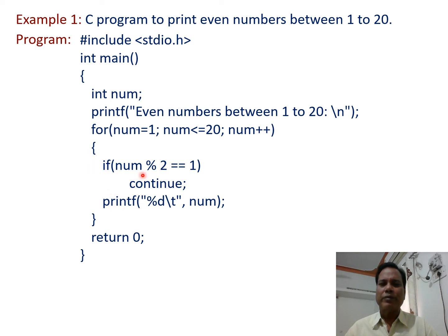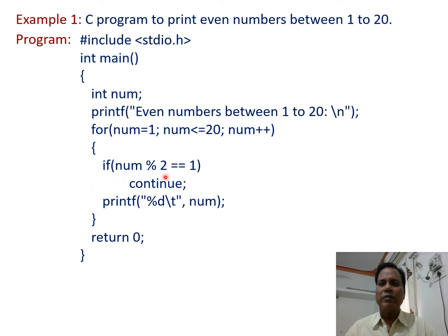If num modulo 2 equal to 1: 3 modulo 2 equals 1, so the condition is true, then the continue statement is executed and control goes to increment the value of num. Now the value becomes 4. So 4 is less than or equal to 20, the condition is true. Then again the body of the for loop is executed.